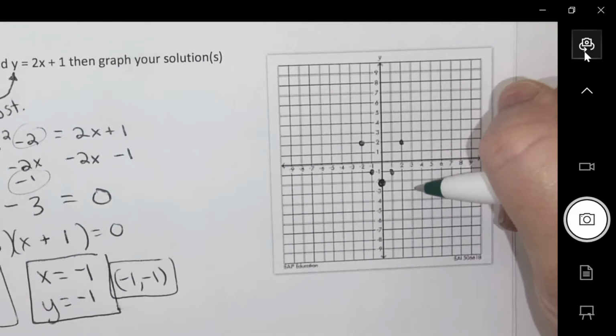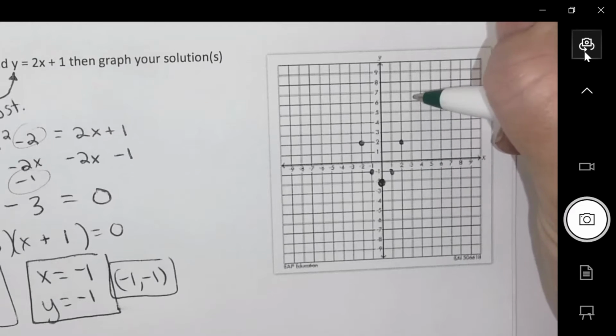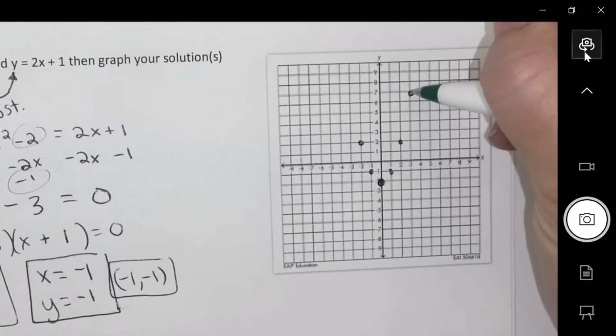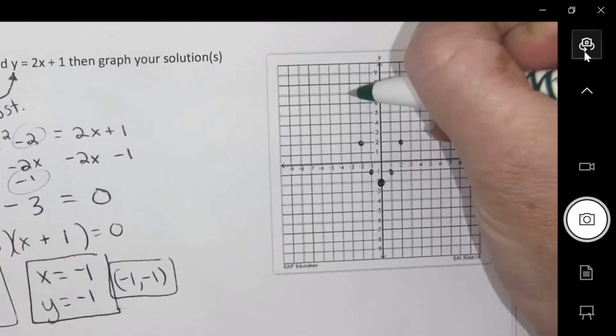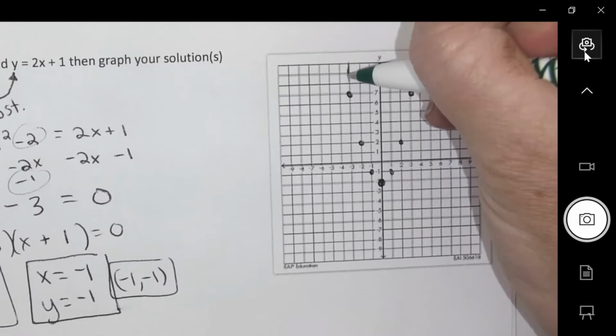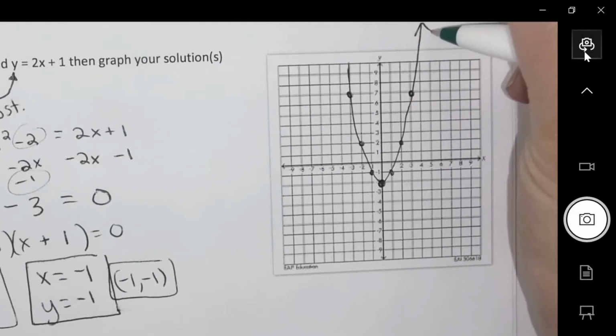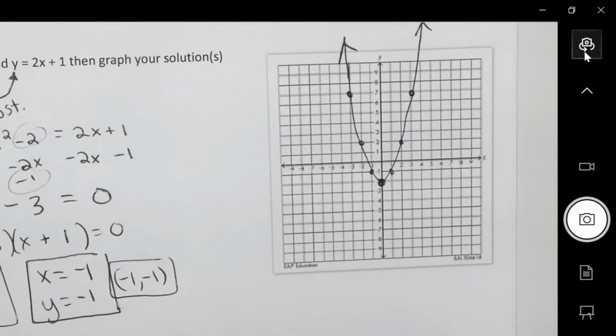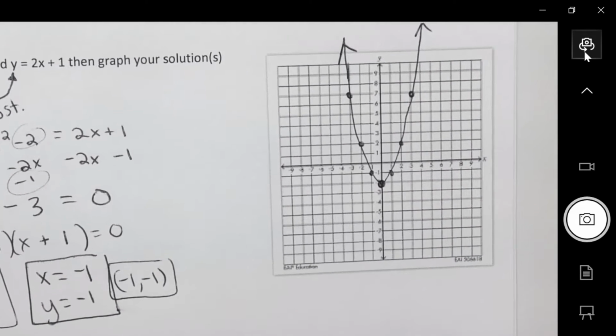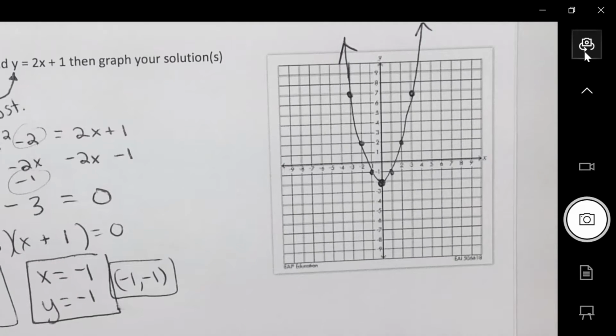And then 3 over, 9 up. Okay, I did my (1, 1), (2, 4), (3, 9).